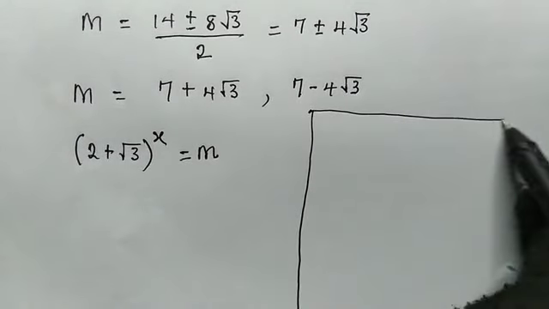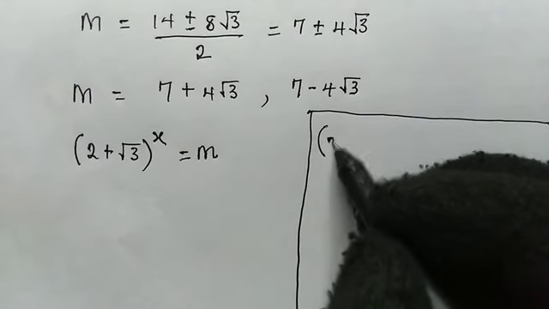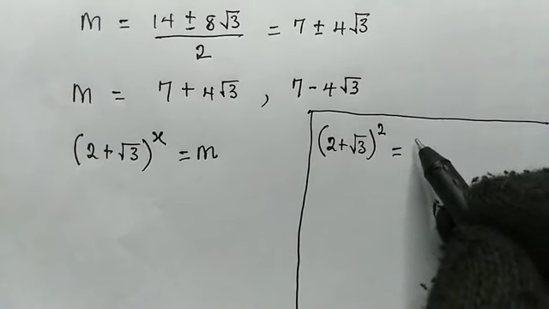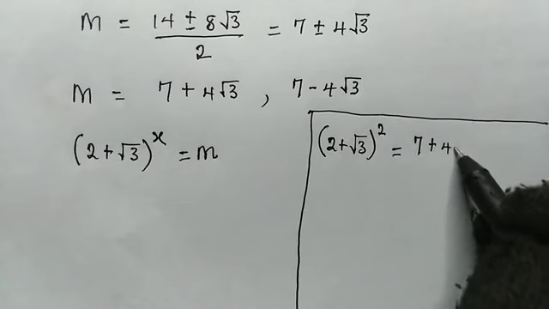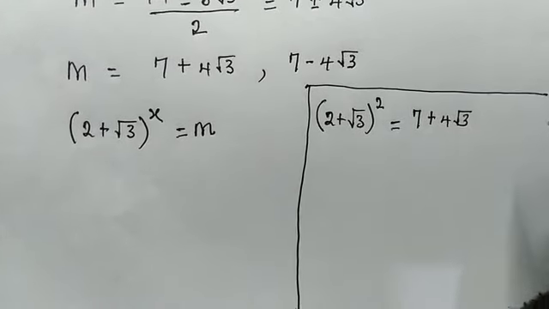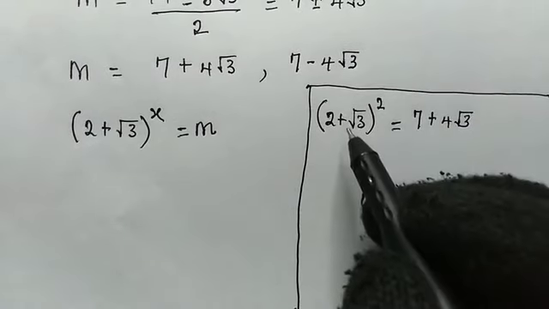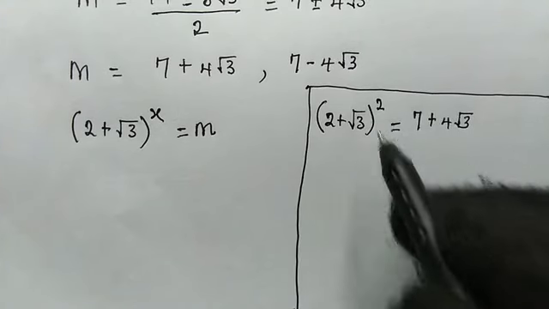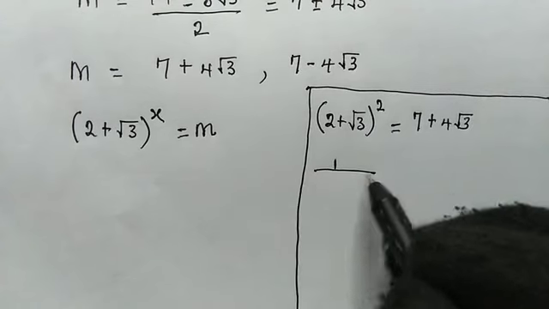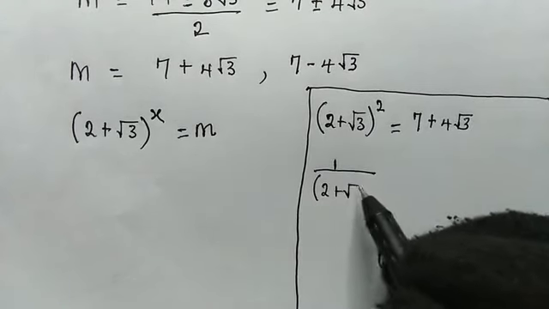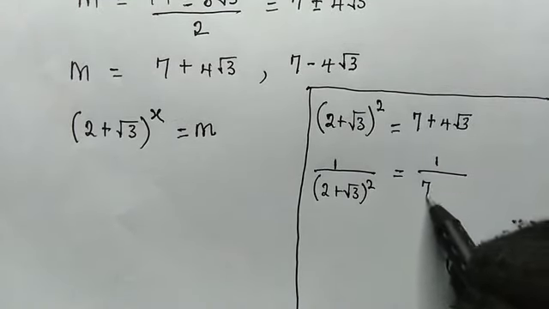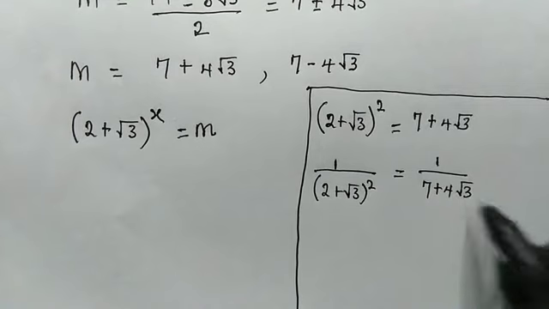Let us take note of the following. The square of 2 plus root 3 is exactly equal to 7 plus 4 root 3. Wonderful, right? Now, if the square of this equals this, what about the reciprocal? The reciprocal, which is 1 divided by 2 plus root 3 squared, will be equal to 1 divided by 7 plus 4 root 3.